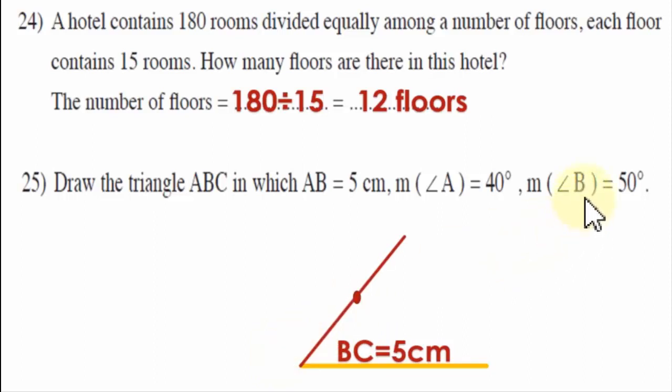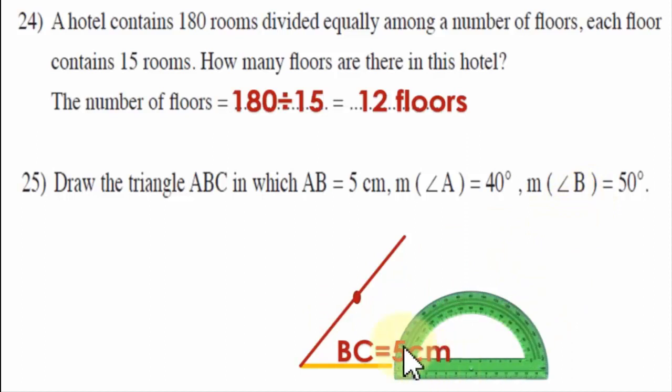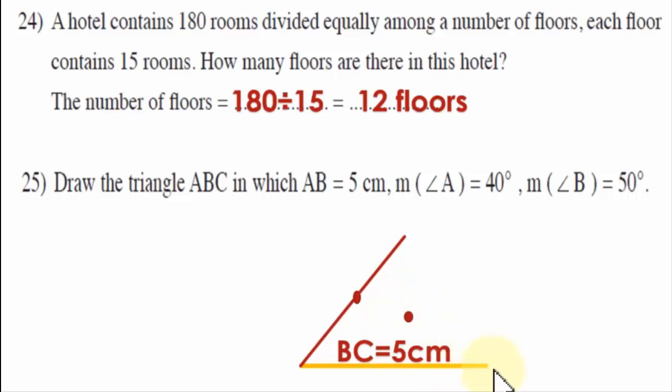After that, use the protractor again to measure angle B, 10, 20, 30, 40, 50, and put a dot here, and then you use your ruler and draw another line segment. Now you have triangle ABC.